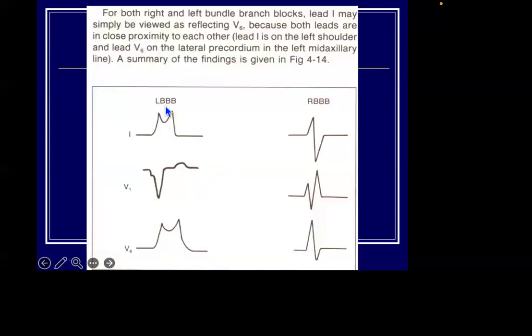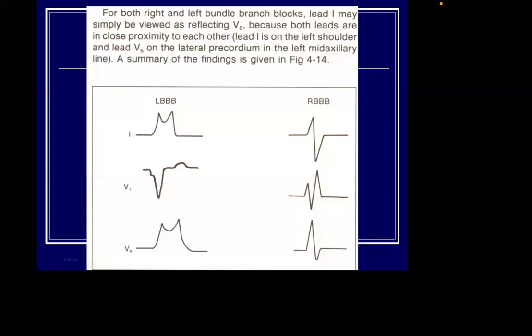If you look, this is the M shape, this is the initial R wave, and this is the next R wave in V1. Actually it is the same shape in V6. And in lead V1 you have an S wave downward, not upward.